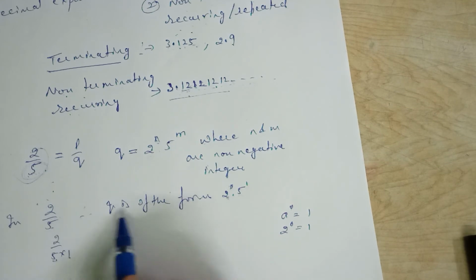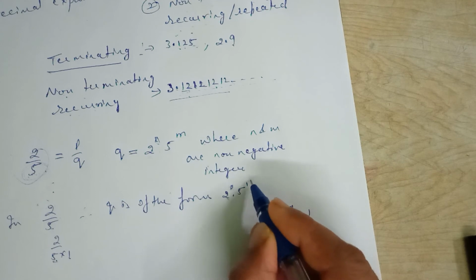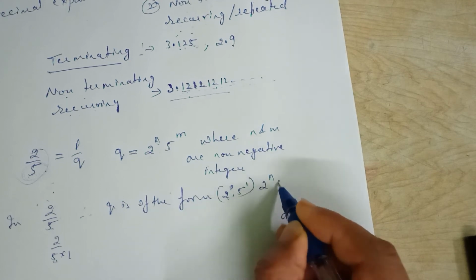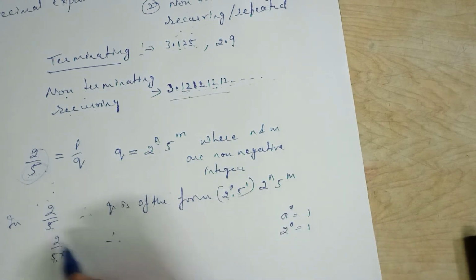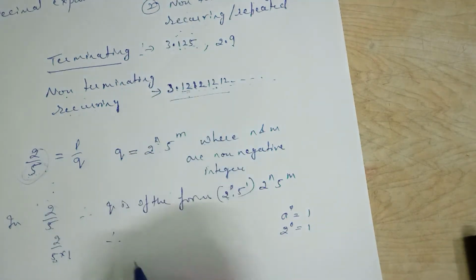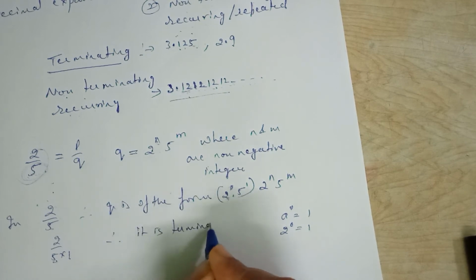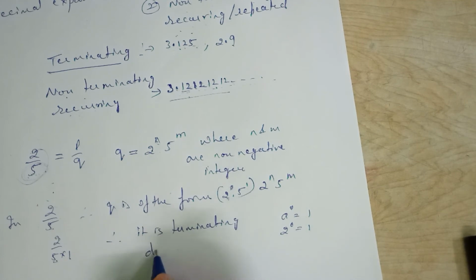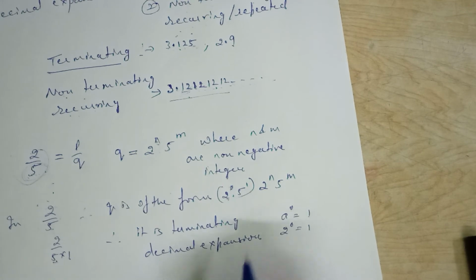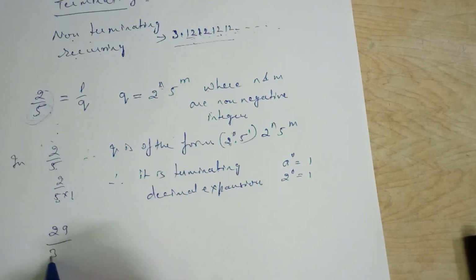So since here q is of the form 2 raised to the power 0, 5 raised to the power 1, that is 2 raised to the power n, 5 raised to the power m, therefore this rational number has a terminating decimal expansion.